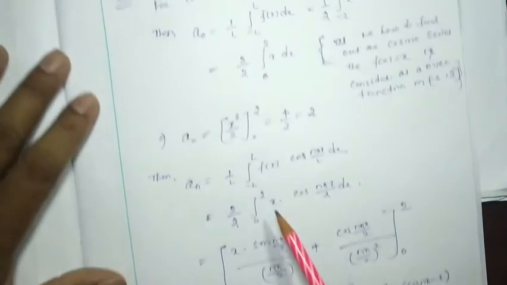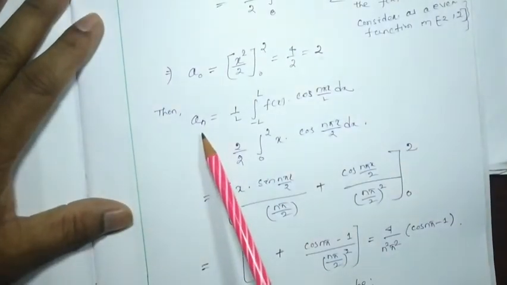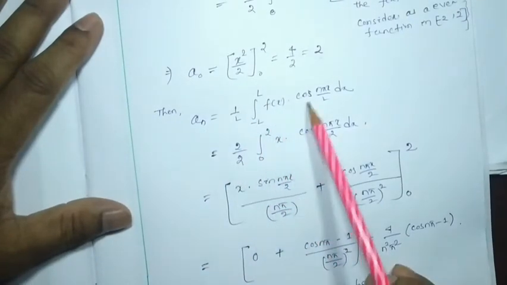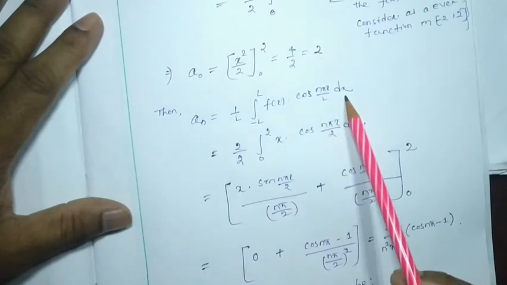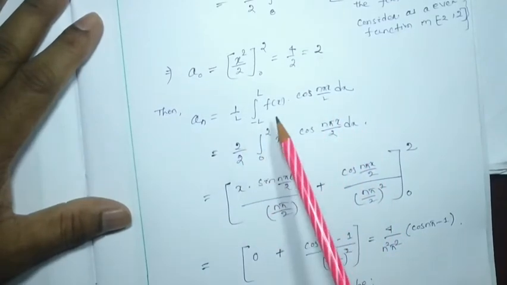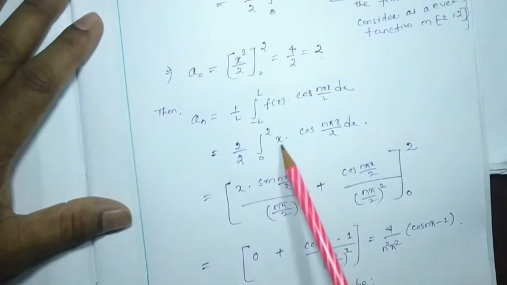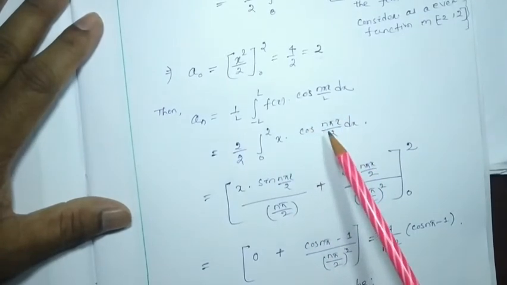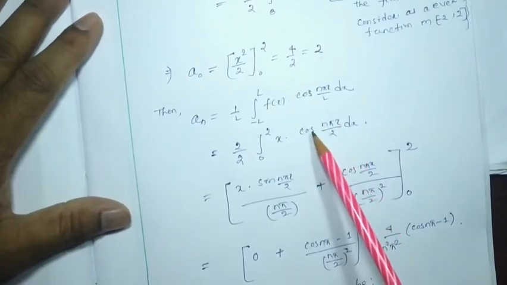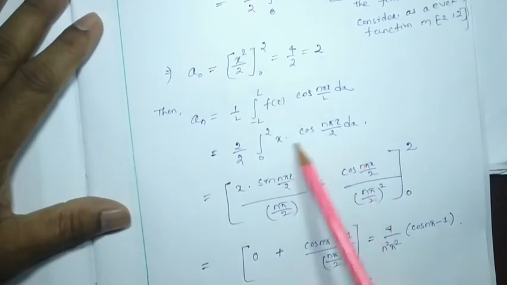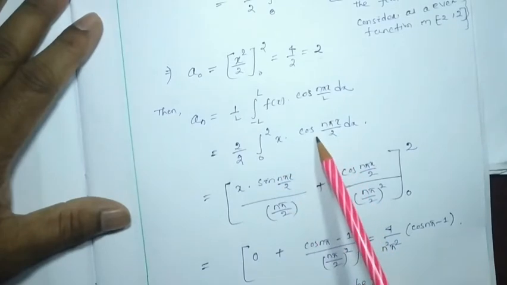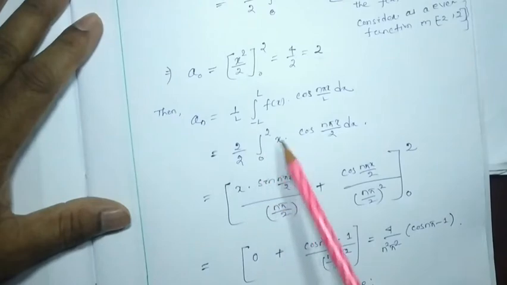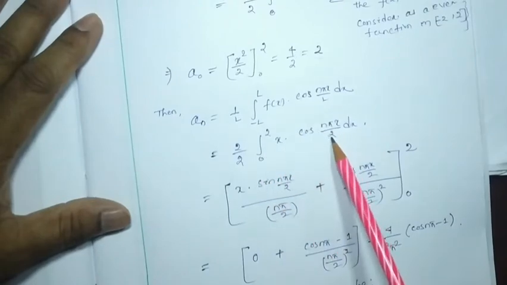Now an will be equal to 1 by L integral from minus L to L of f(x) cos(n pi x by L) dx. Similarly, as x has been considered as even, and cos x we know is even, even into even, the whole function will be even. So we can write 2 into integral from 0 to 2 of x cos(n pi x by 2) dx.